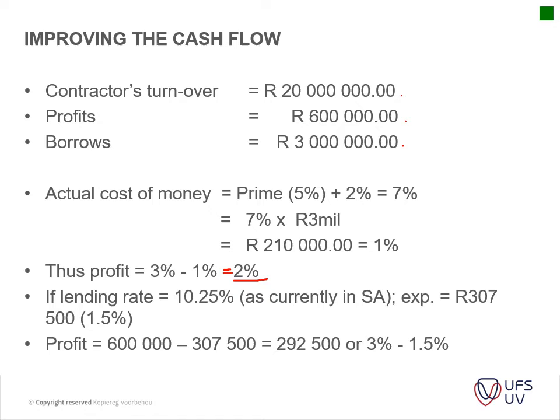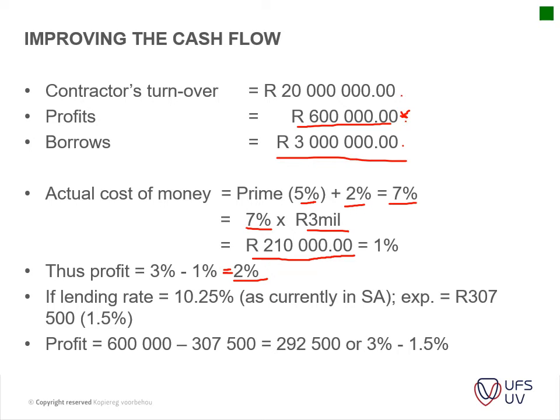Okay, so your estimated profits is 600,000. So you borrowed 3 million. Just a scenario, for instance, if it's a very good lending rate, you've got prime, which is 5% plus 2%, which gives you interest of 7%. 7% on 3 million of the amount that you have to borrow is 210,000, which is actually subtracted from your 600,000.